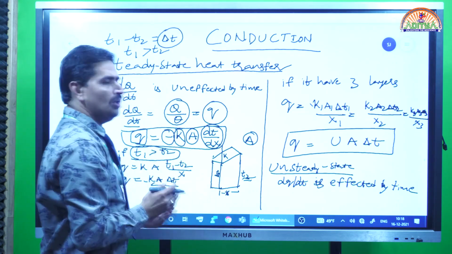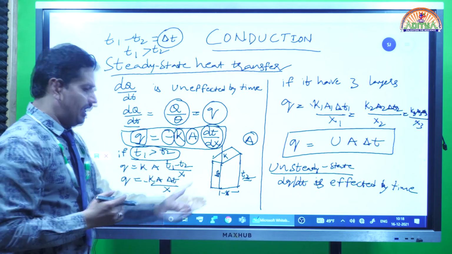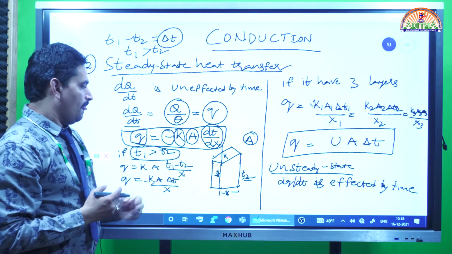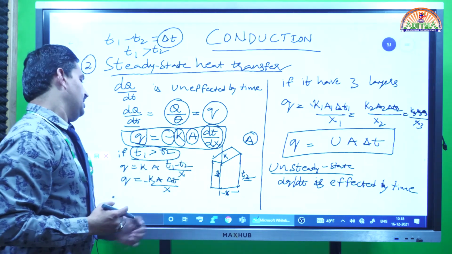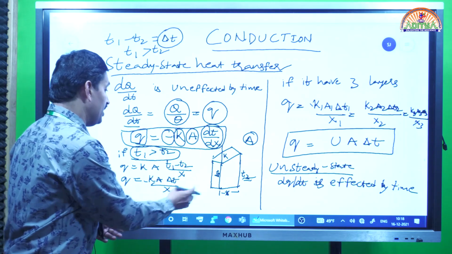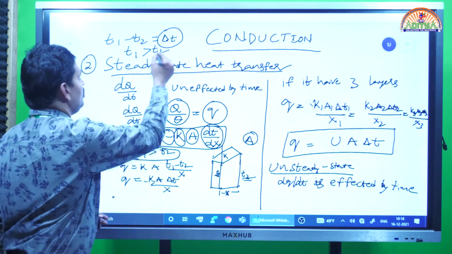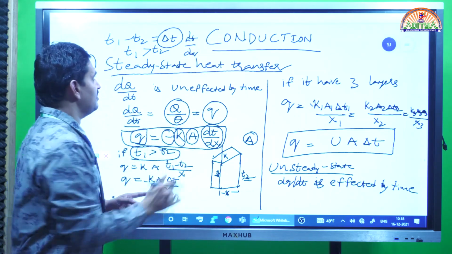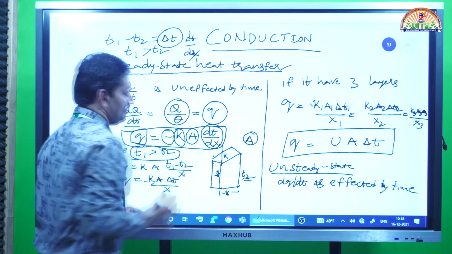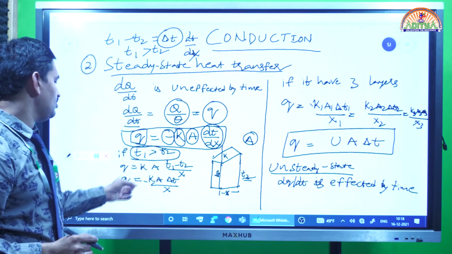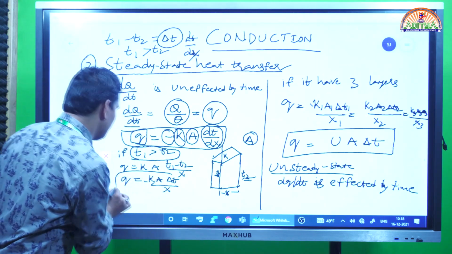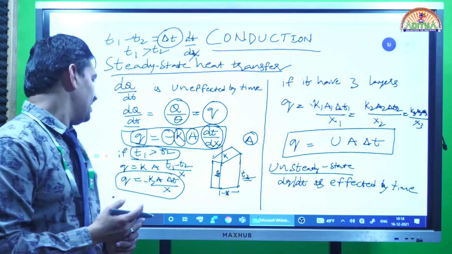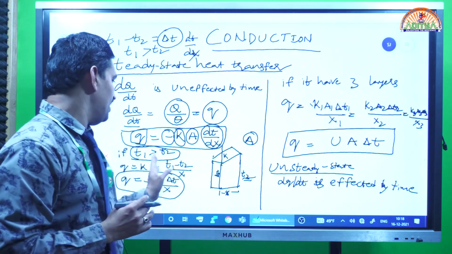That means the cross sectional area of the slab through which the heat is going to transfer, and that thickness we depict by means of X. So this simulates dT by dx. In such a way we write the equation: Q is equal to minus k into A into delta T by X.